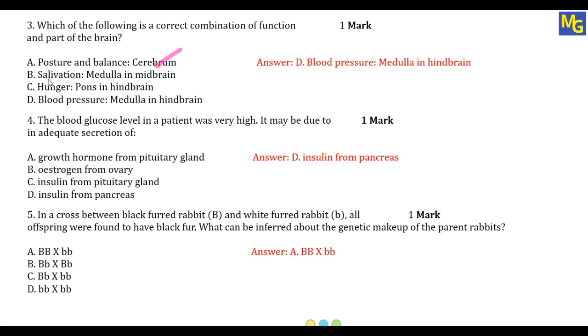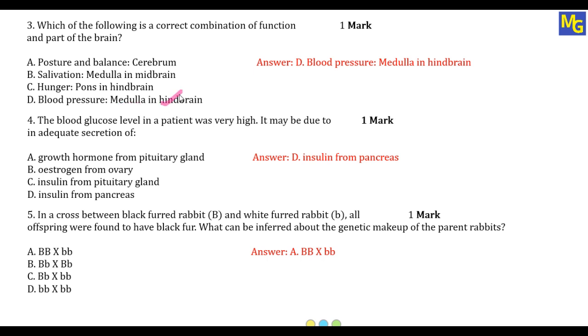Option B is salivation, controlled by medulla in the midbrain. Option C is hunger, controlled by pons in hindbrain. Option D is blood pressure, which is a function of medulla in hindbrain.